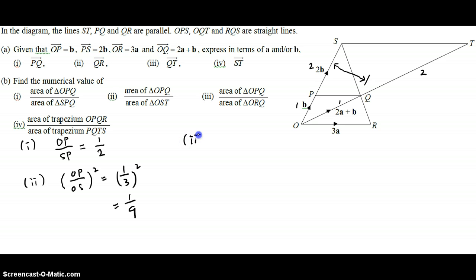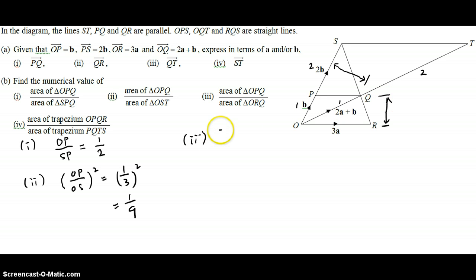Okay, for part 3, to find the area of triangle OPQ and the area of triangle ORQ, you notice these two triangles also have a common height. So same height, compare base.